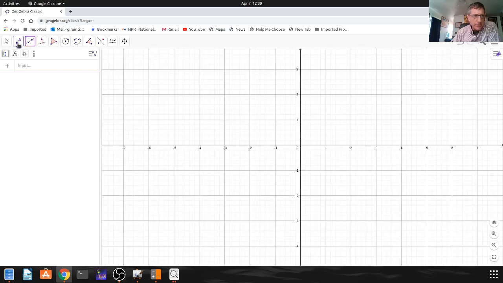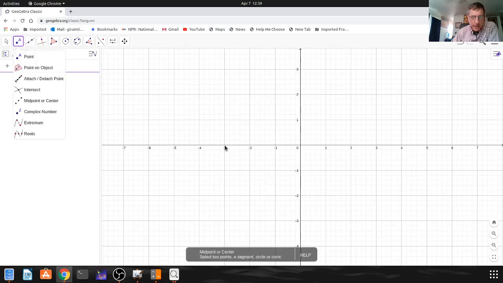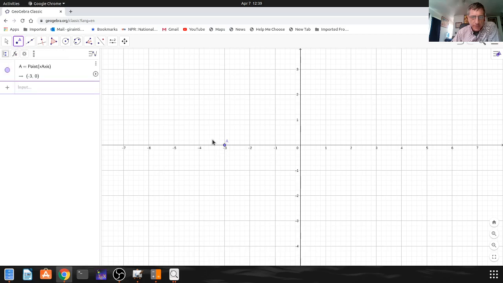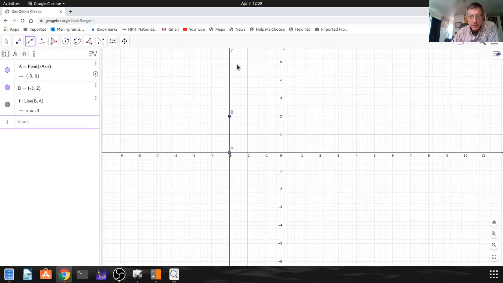So minus 3 and 0 is right there. And minus 3 and 2 is directly above it. And our vertical line goes through, looks like that.